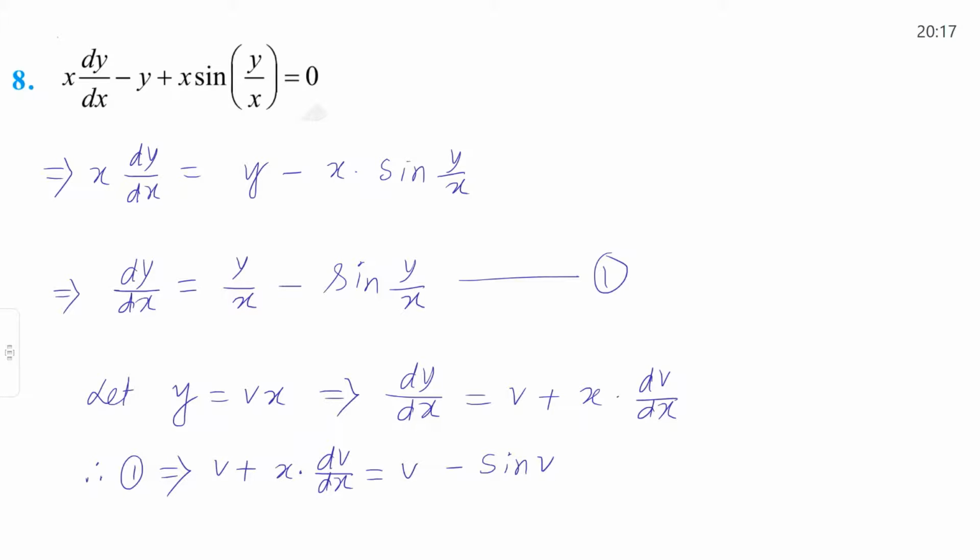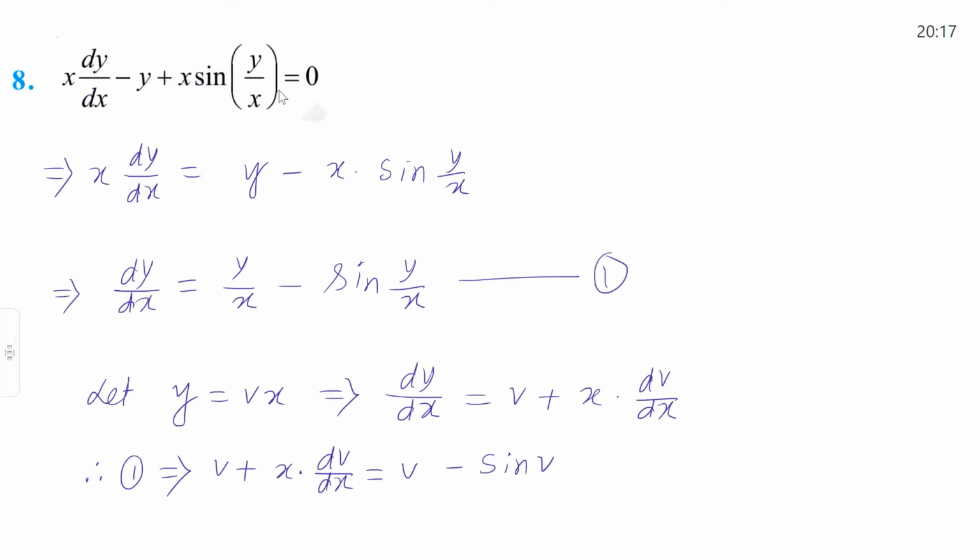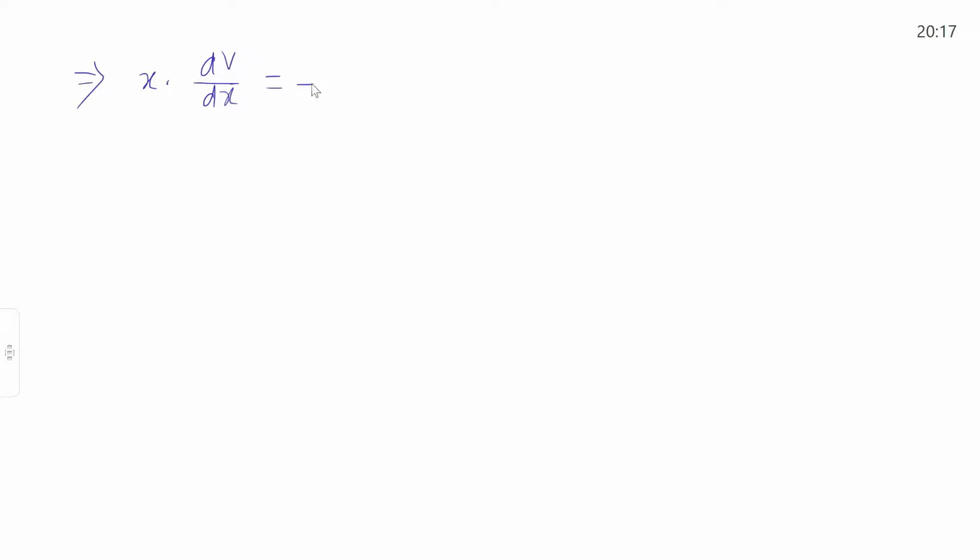So x dv/dx equals minus sine v. Separate it: 1/sin v, that is cosec v dv, is equal to minus 1/x dx.